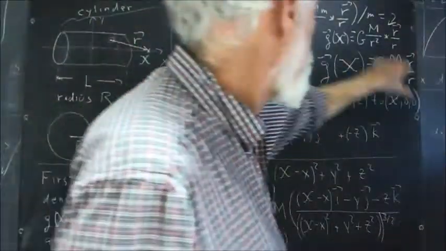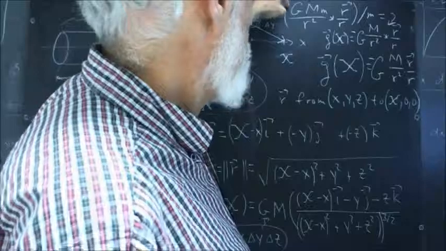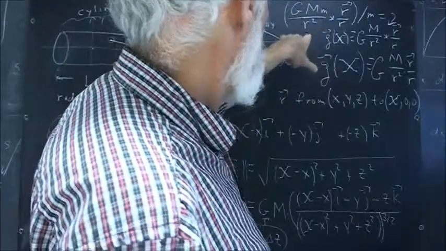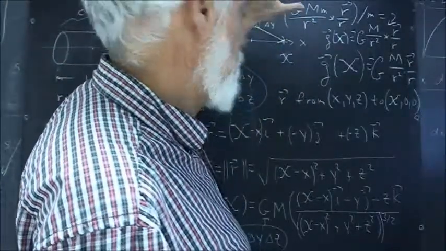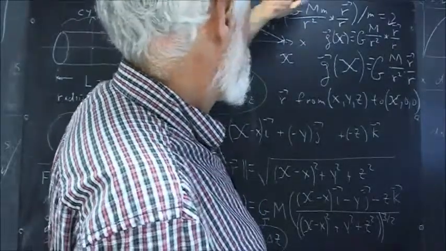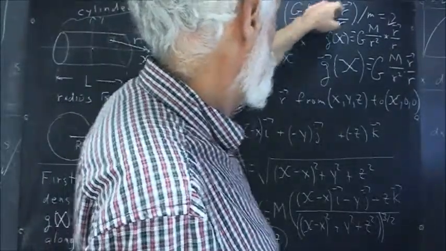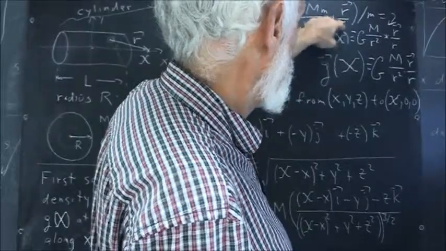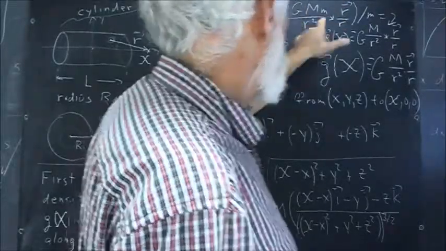Then this is just this written a little bigger. And what I've written up here is your expression for Newton's law of universal gravitation: big G, big M, little m over R squared times the R vector divided by its magnitude.